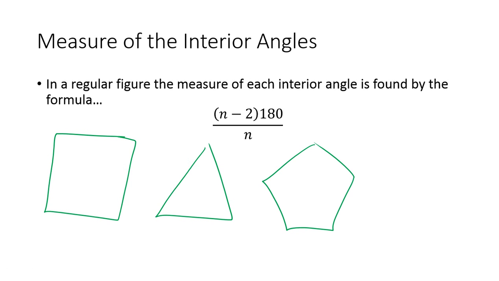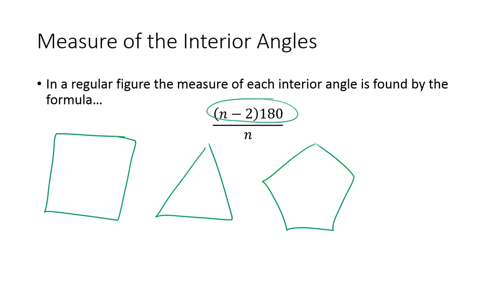When you're trying to find the interior angles, first you have to find the sum of the interior angles, which a couple lessons back we talked about. N minus 2, so the number of sides minus 2, times 180. Triangle would be 3 minus 2, 1, times 180. Quadrilateral would be 4 minus 2 times 180, 360. Pentagon would be 5 minus 2 times 180.